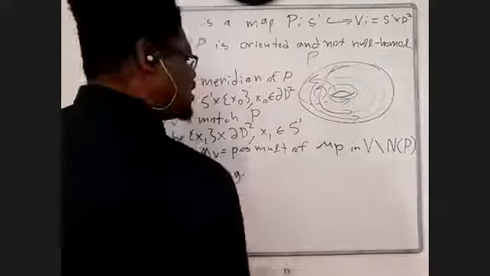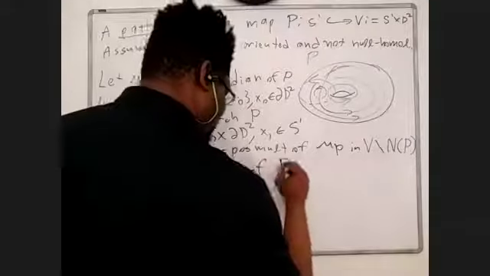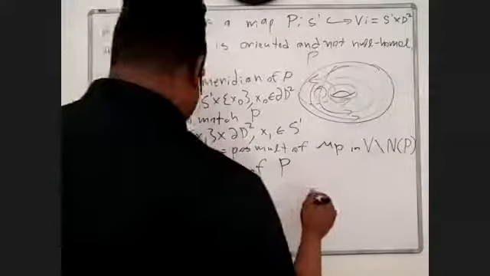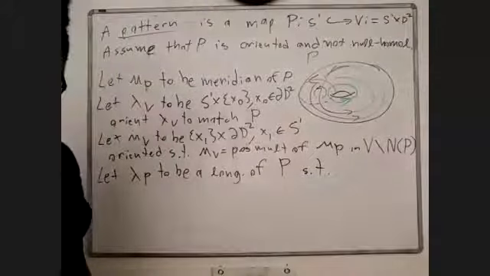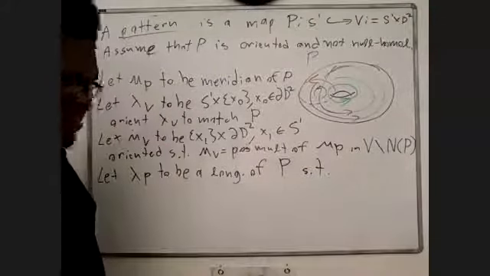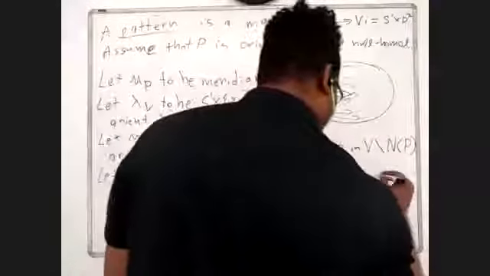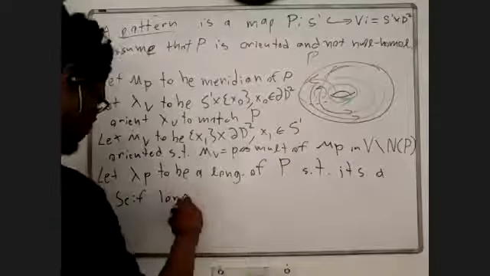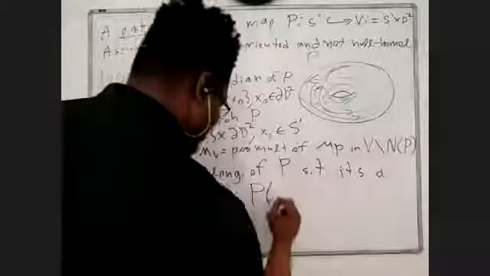It's going to be a longitude of the pattern, and we're going to pick it so that it's a Seifert longitude of P(U).